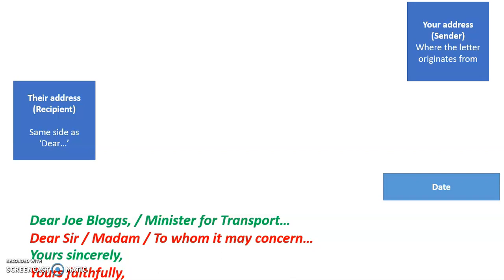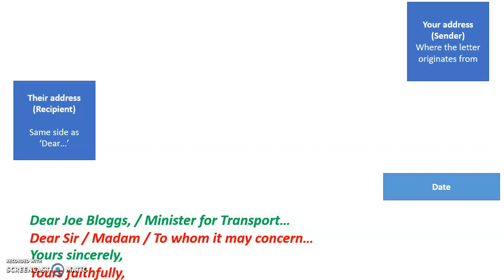If you're hoping for the best that it ends up with the right person, with To whom it may concern or some anonymous Sir or Madam, you're having a bit of faith that it's going to end up with the right person. So Yours faithfully if you haven't put a specific person in the address. Please make sure you're getting that right. If you are writing to the Minister for Education in your letter, then you should be signing off Yours sincerely. It's not a name, but it is one person, so you know exactly who it is.